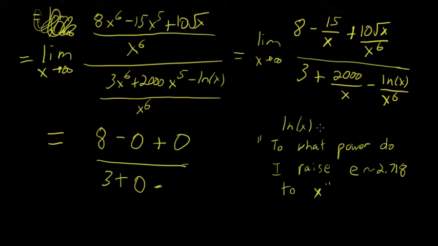But what you can see is, let's say we wanted to find the ln of 100. That would be, to what power do I have to raise 2.718 to get 100? Let's say 2.718 is right around 3. 3 to the 4th power is 81, but 3 to the 5th power is 243.